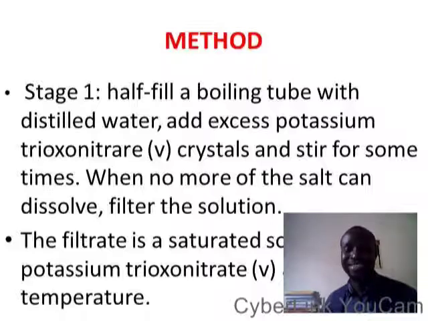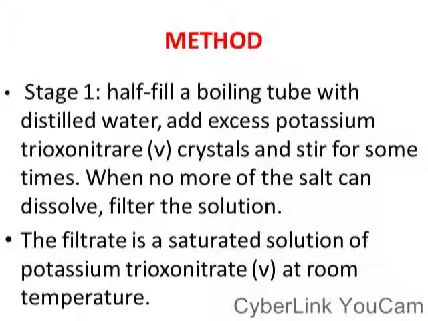Stage 1: fill a boiling tube with distilled water, add excess potassium trioxonitrate(V) crystals and stir for some time. When no more of the salt can dissolve, filter the solution. The filtrate is a saturated solution of potassium trioxonitrate(V) at room temperature.